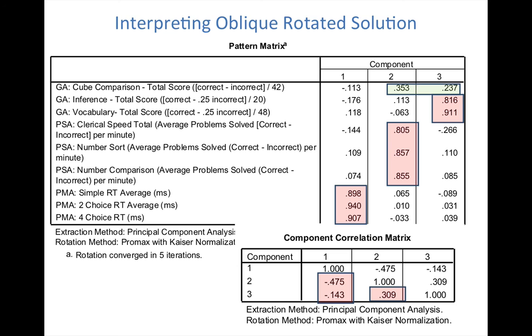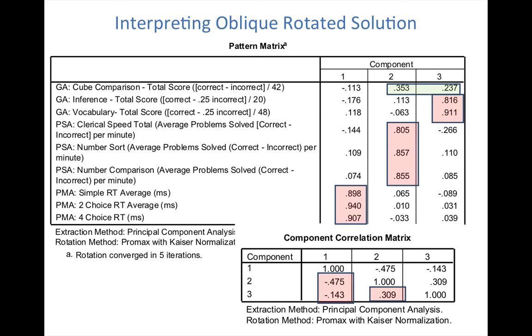Probably one of the themes of that is it's reiterating, look, the cube comparison test does not fit with this three-factor structure very well. And if anything, it's actually sharing a bit with the perceptual speed. So that might be a reason to throw out the cube comparison test, or at least think about it.